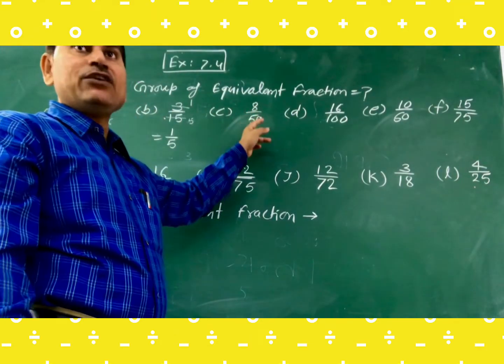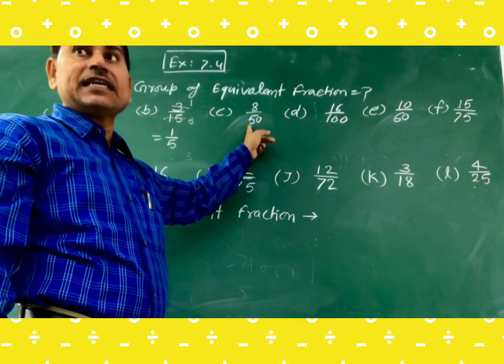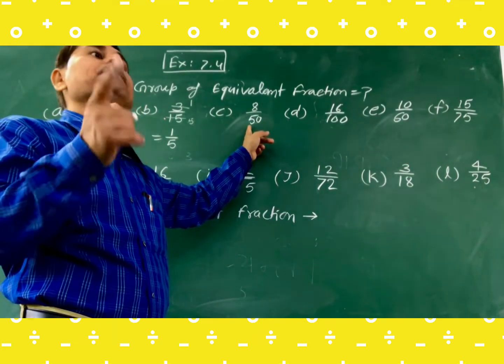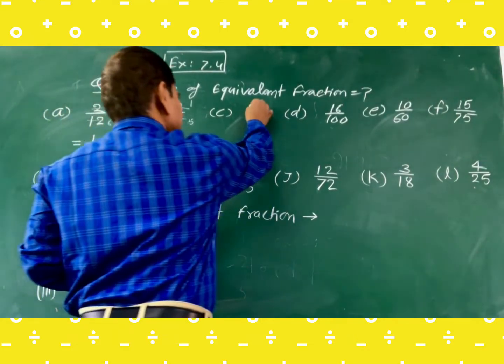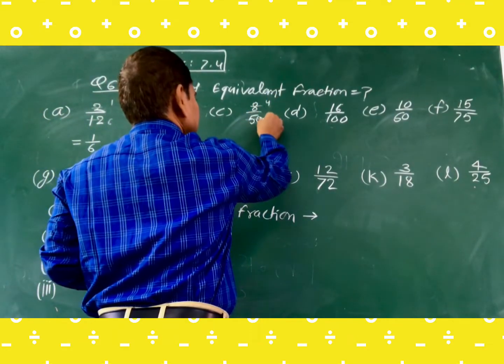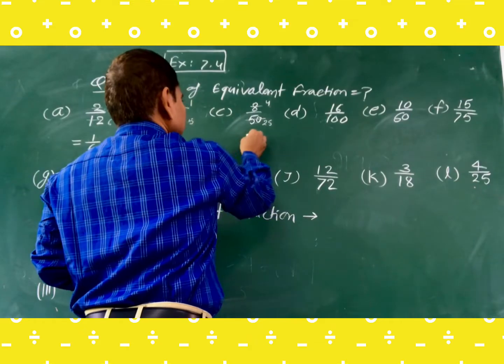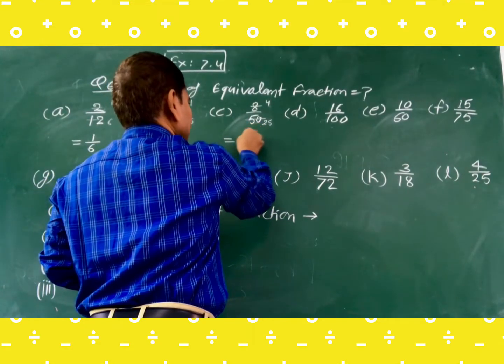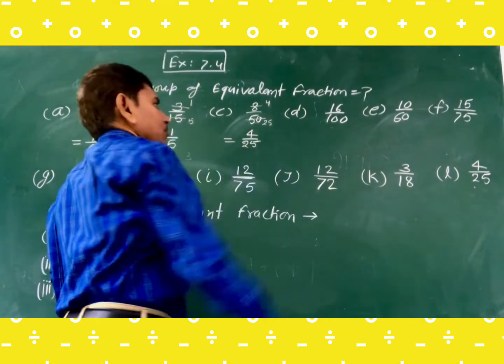Now 8 by 15. So this is cancelled by only the table number 2: 2 fours are 8 and this is 25. So this is 4 by 25, correct?